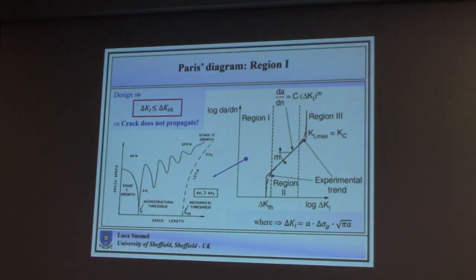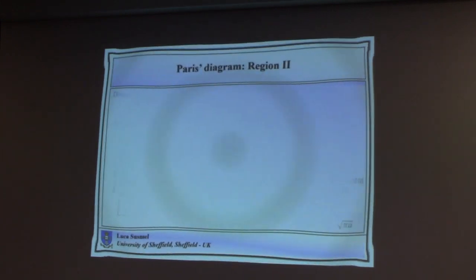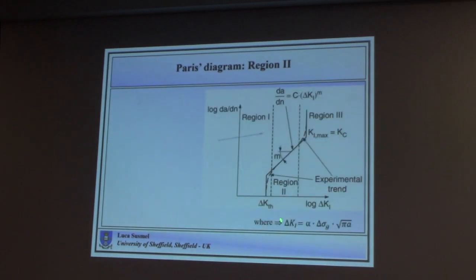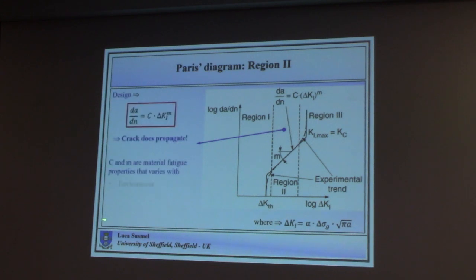Okay, still we inspect our component, we know the shape factor for our crack, and one day we discover that our crack results in a delta K1 which is larger than delta K_th, so we are well within region 2. So, in that case, we want to know the crack growth rate, or how many cycles we need to make the crack propagate up to a certain length, for instance.